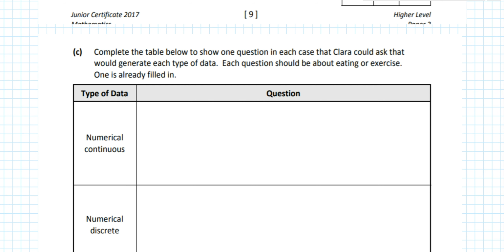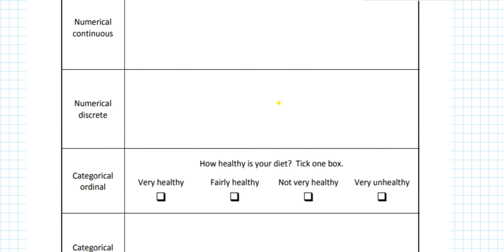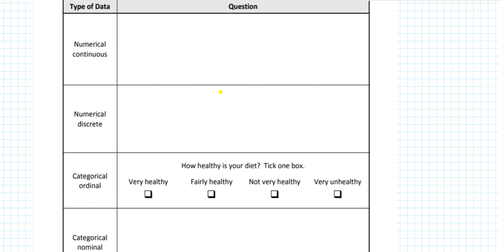So we want to complete the table below to show one question in each case that Clara could ask that would generate each type of data. Each question should be about eating or exercise. One is already filled in for you. So we have categorical, ordinal data. Well, categorical would be answered with categories, so that is without numbers, and ordinal means that there is some order to it.